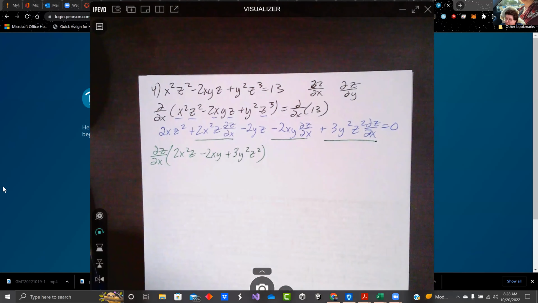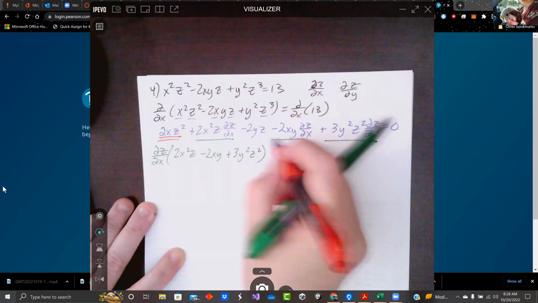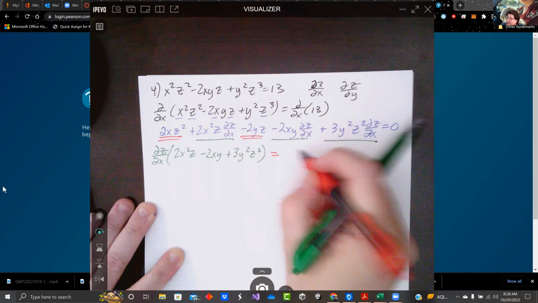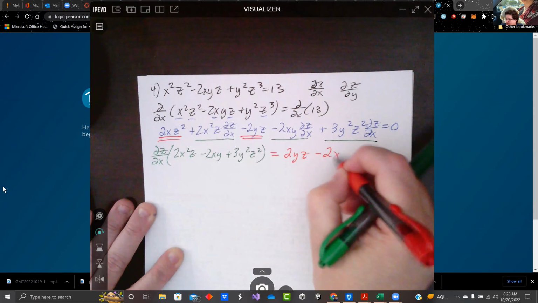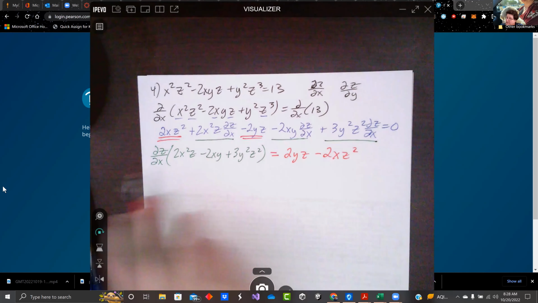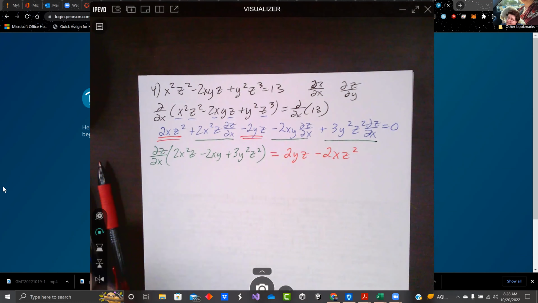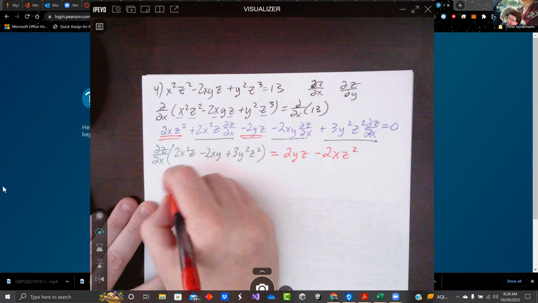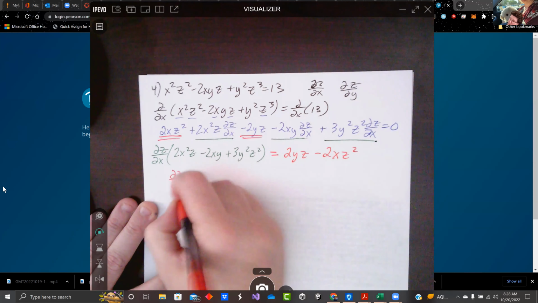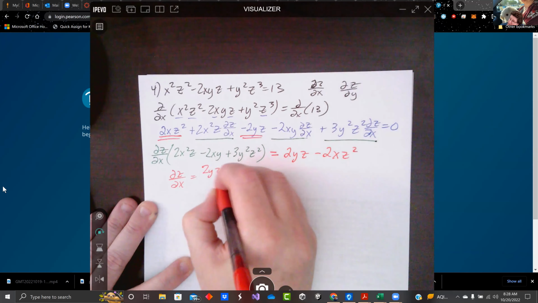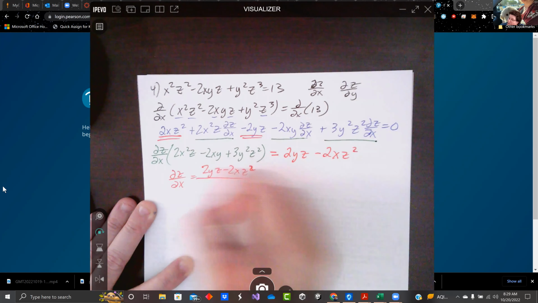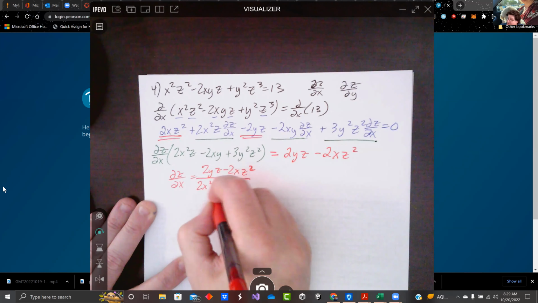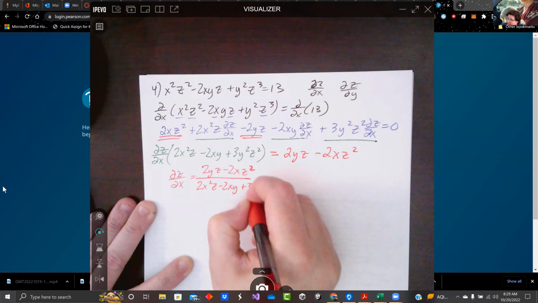And then the other terms, I'm going to subtract over to the other side. So I'll get a positive 2yz over there and a negative 2xz squared. So we seal the deal by dividing. dz/dx equals 2yz minus 2xz squared over 2x squared z minus 2xy plus 3y squared z squared.